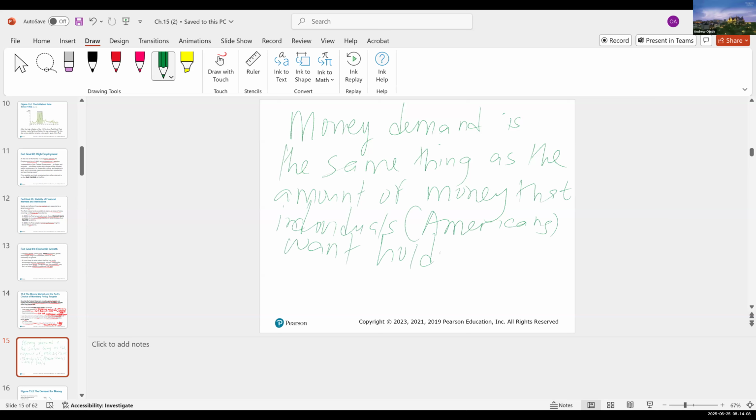So anytime I say money demand in this class, it is synonymous with money holding: the amount of money that you are holding in your purse, your wallet, at home. I don't know how you keep your money. Money which is outside of the banking system is your money demand.